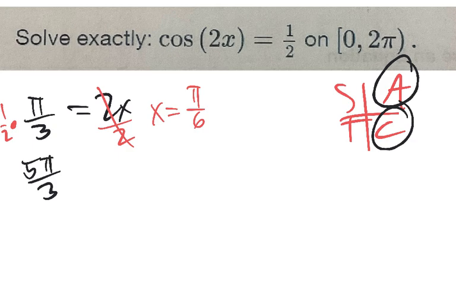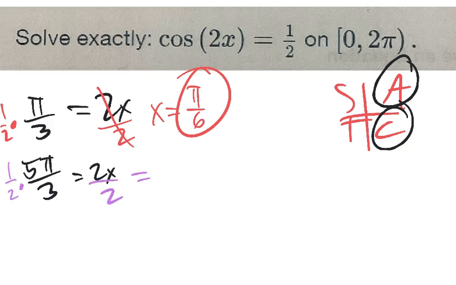Because then I'm going to double it. And so same thing here. Divide by 2, multiply by 1/2. Which now gives me 5 pi over 6.